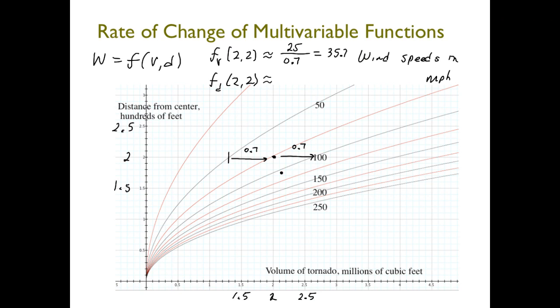So now we're talking about what? Everyone could do this differently, but the point is you're trying to estimate, around that point, the change in z, or the change in the value of the level curves, per change in whatever independent variable you're looking at. In this case we're fixing volume and changing distance.